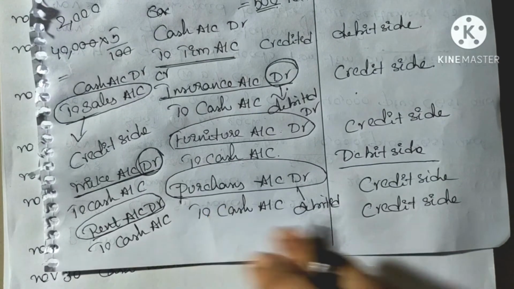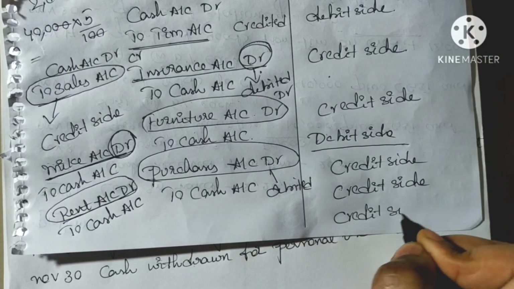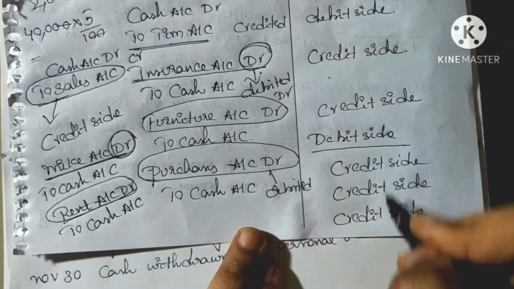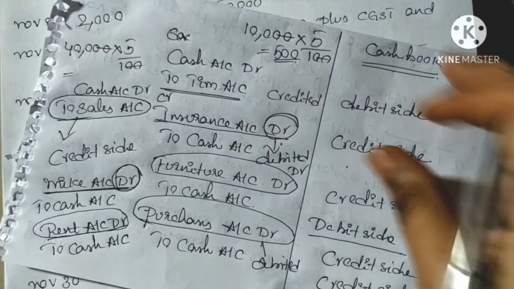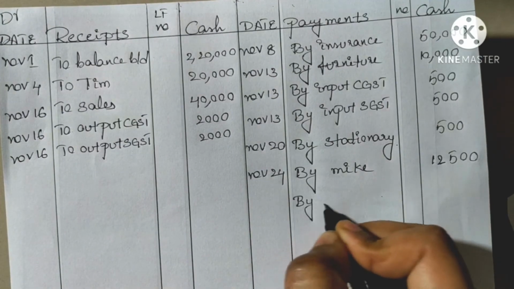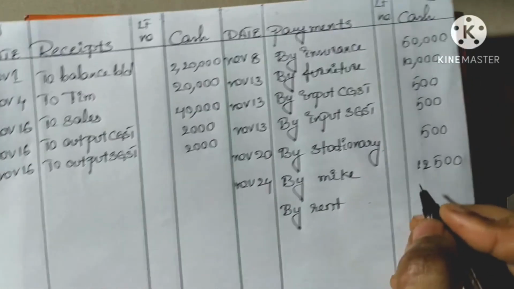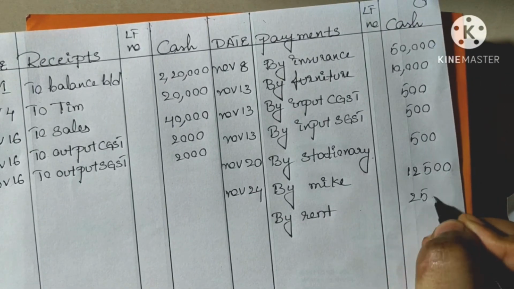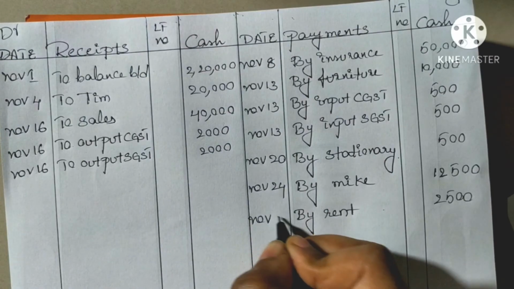So we have to mention it on the credit side in the cash book, by mentioning "By rent." And the value is 2,500. The date is November 30th.